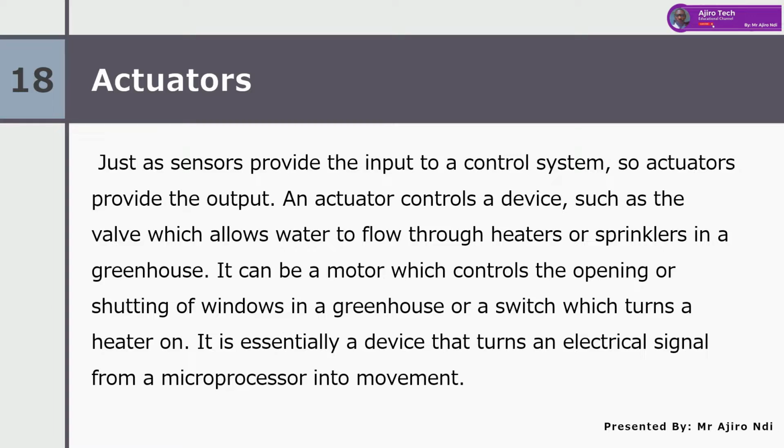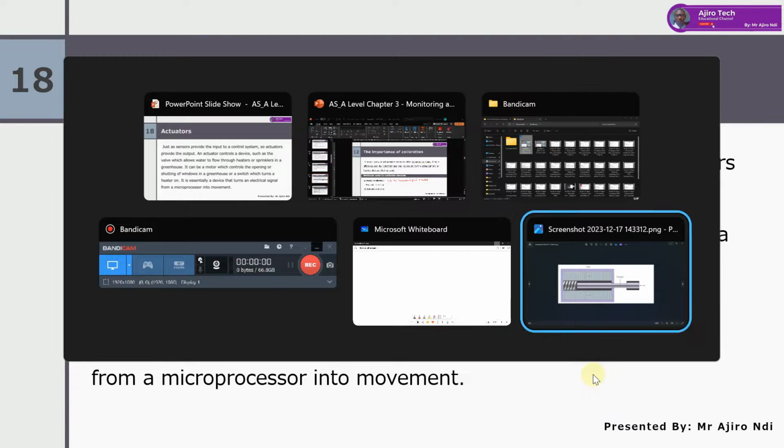It can be a motor which will control the opening or shutting of windows in a greenhouse, or a switch which turns a heater on. It is essentially a device that turns an electrical signal from a microprocessor into what? Movement. I think I have a picture here.